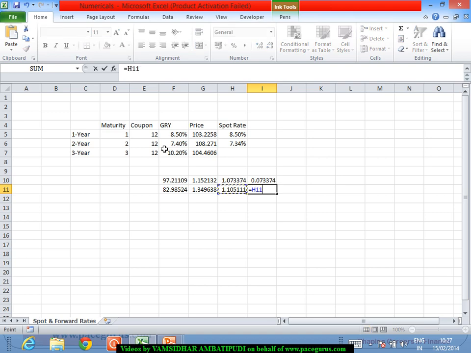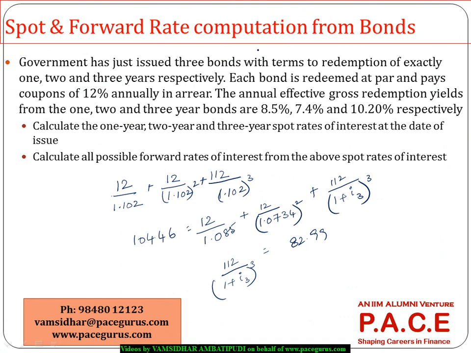So I3, the 3-year spot rate, is somewhere around 10.51%. These are the three spot rates, the 1-year, 2-year and 3-year spot rates, that I can derive from the corresponding bond prices.